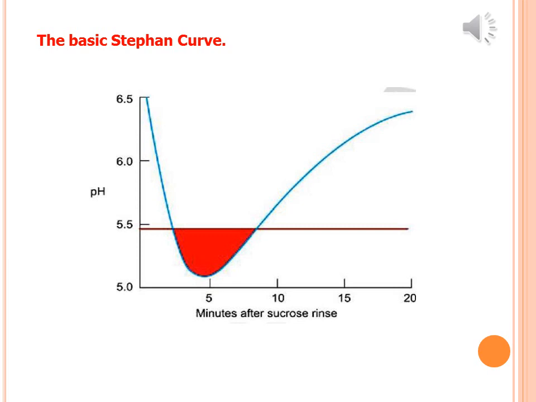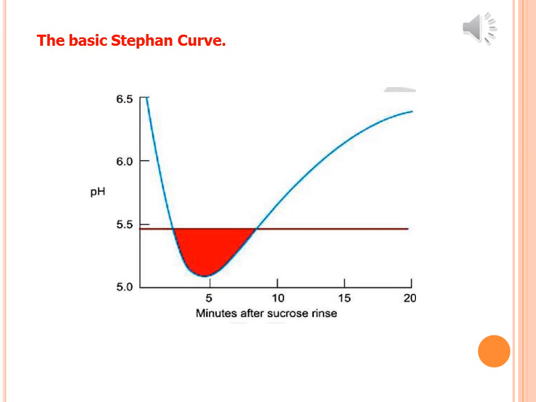Characteristically, the Stephan Curve reveals a rapid drop in plaque pH, followed by a slower rise until the resting pH is attained. The time course varies between individuals and the nature of the challenge.